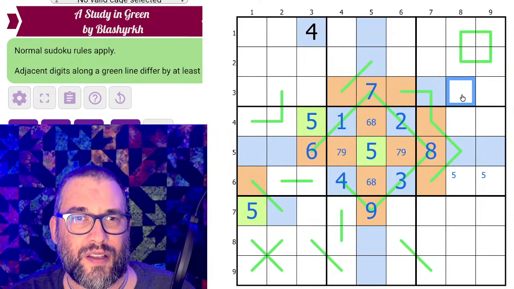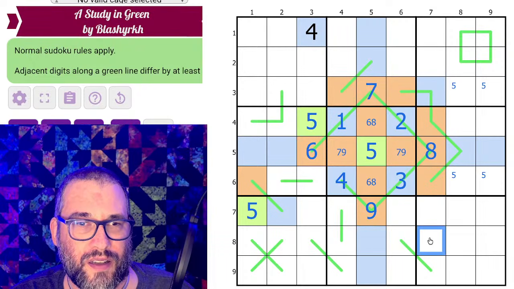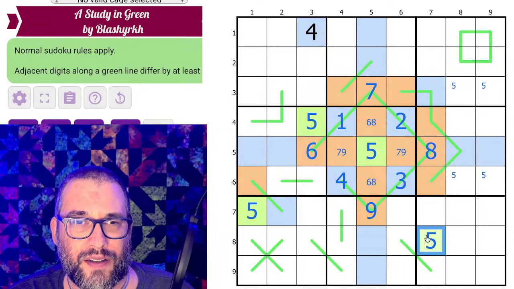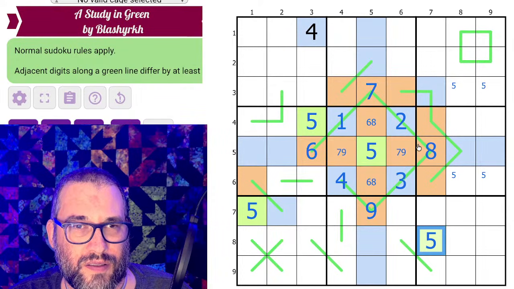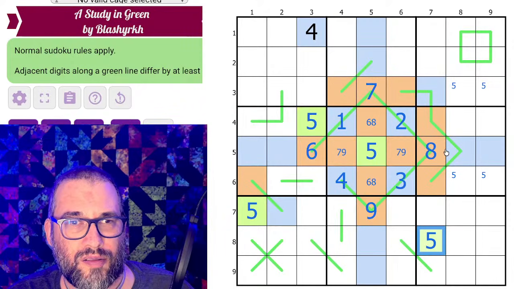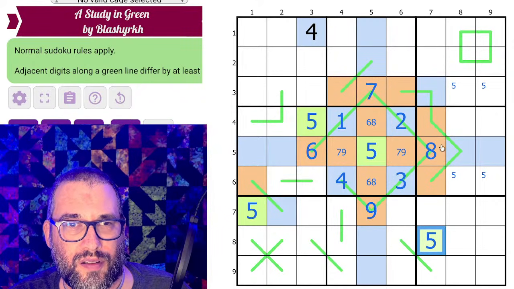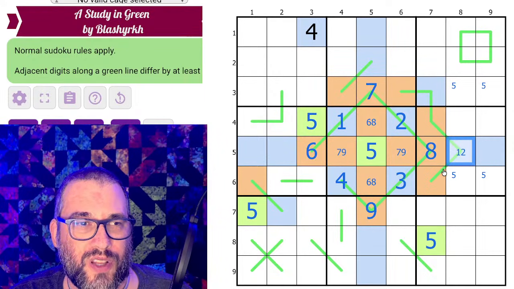There's also a 5 over here, and a 5 exactly here. Yeah, one of these has to be from 6, 7. So this is 1 or 2 only.